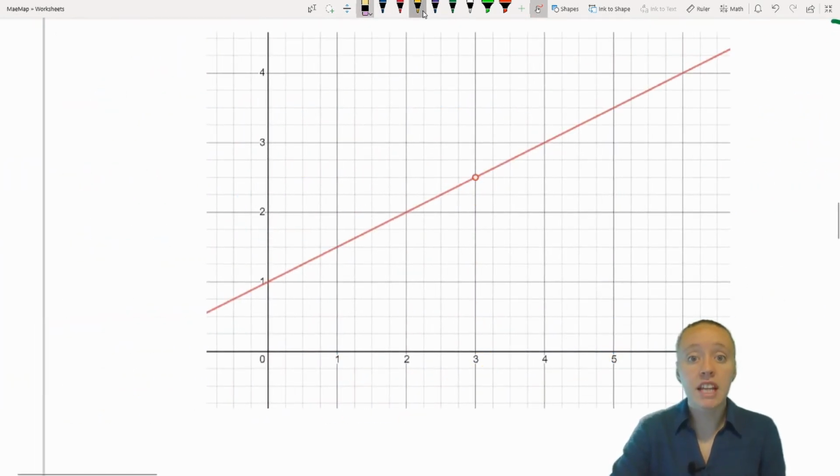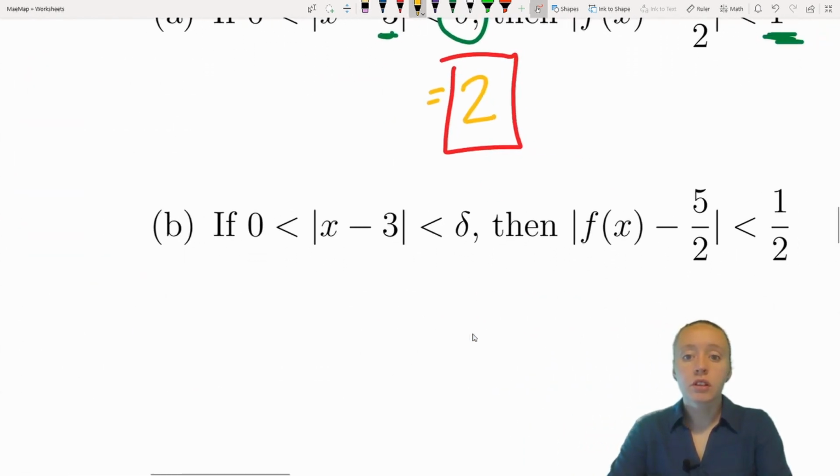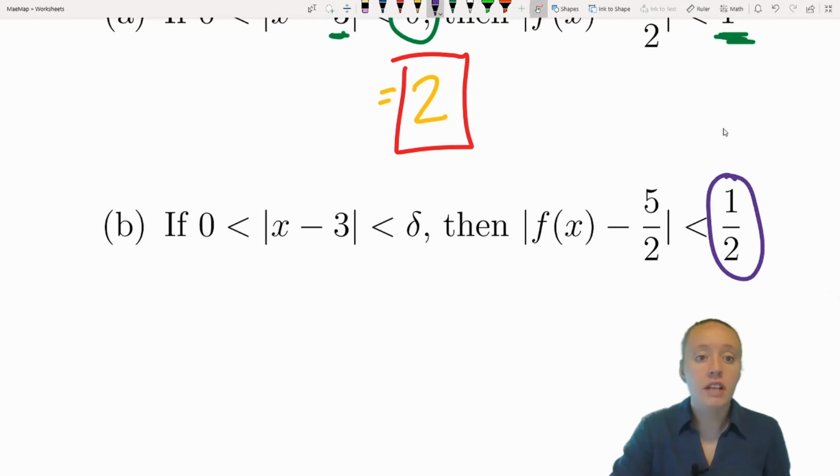And remember, I'm given that same limit: when I'm at 2.5 or 5/2 for L, that's the limit of my function equals L as x approaches my A value of 3. So in this next one, our epsilon value is 1/2.